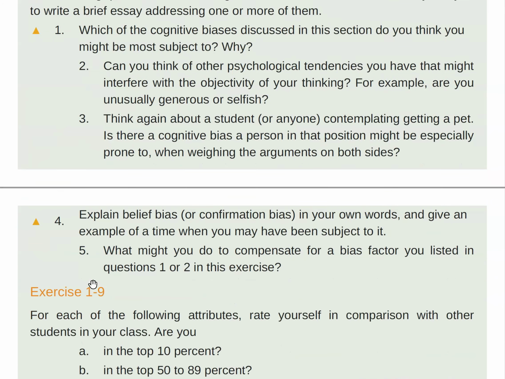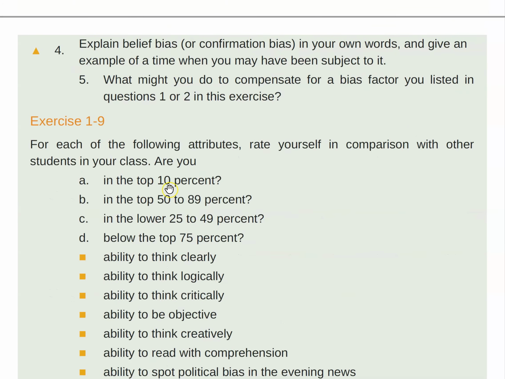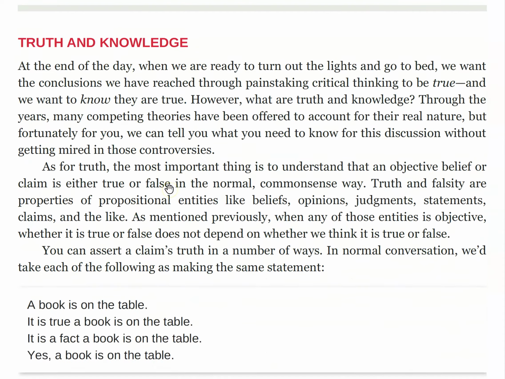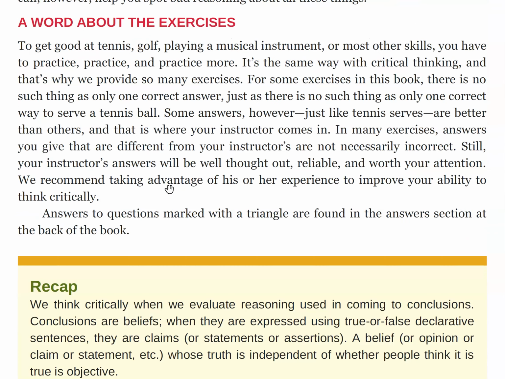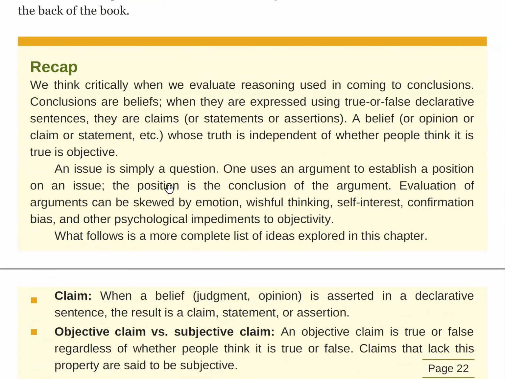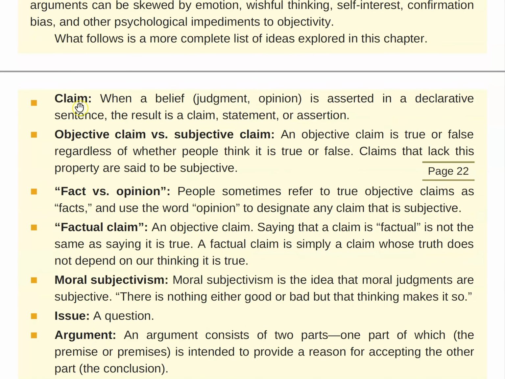If you scroll quite a ways down in your textbook, oh my goodness, so much scrolling, you will find that at the end of every chapter there is a recap. And this is the thing I said you guys would get kind of mad at me for. Quite often the recap looks a lot like our notes and what we create.